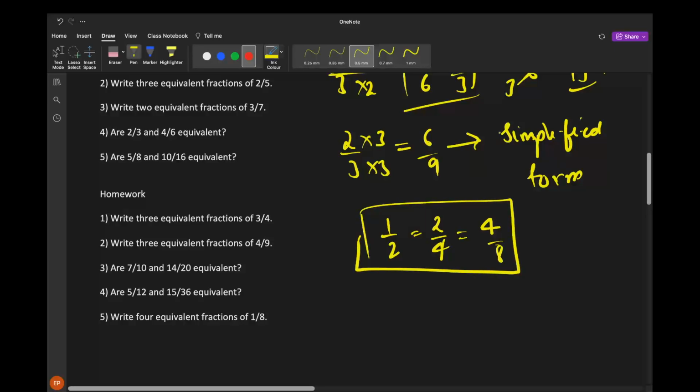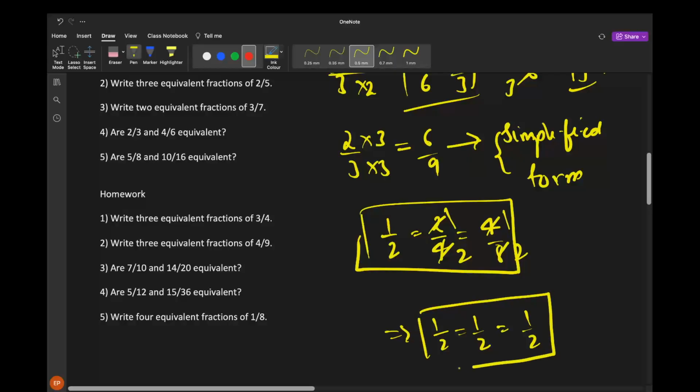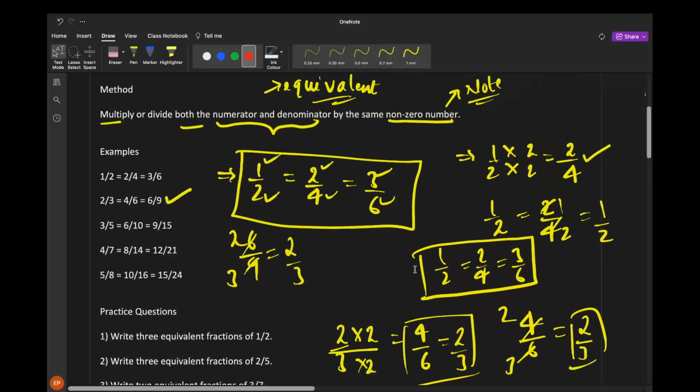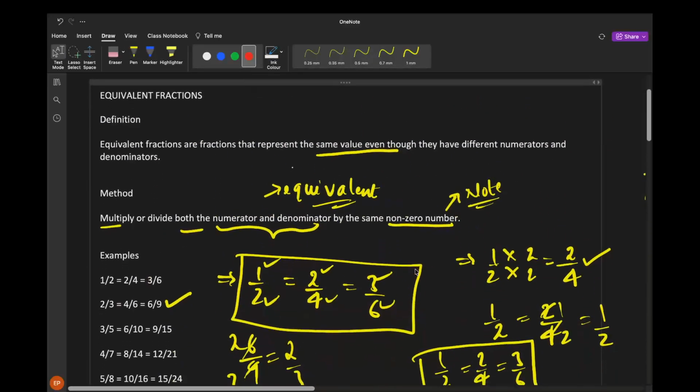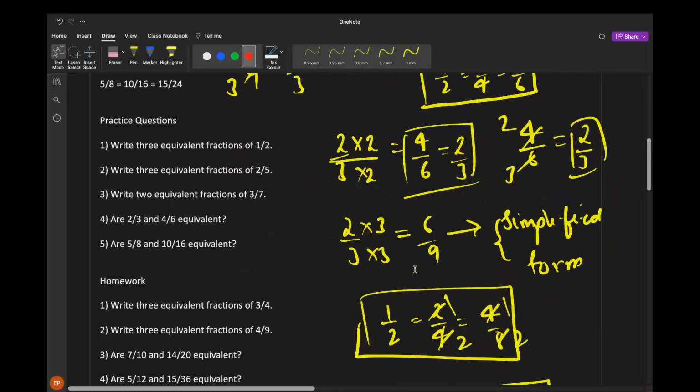If I bring them to simplified form, we have to divide. 4 ones are 4, 4 twos are 8, 2 ones are 2, 2 twos are 4. So all are giving 1 by 2 only, right? So if we bring them back to simplified form, then we'll get the same fraction. So even though they are different in numerator and denominator, they are equivalent.